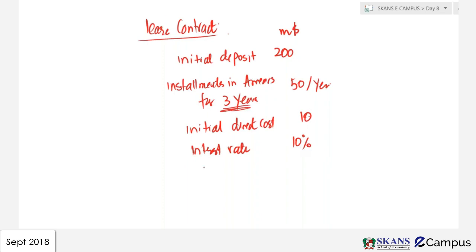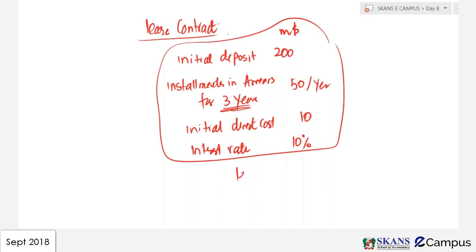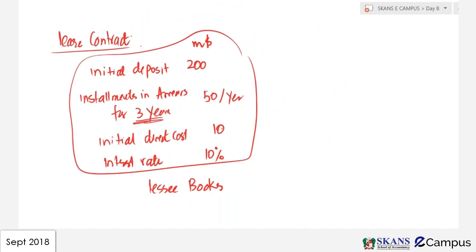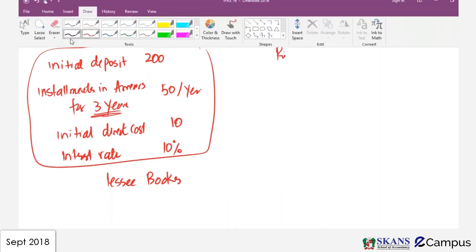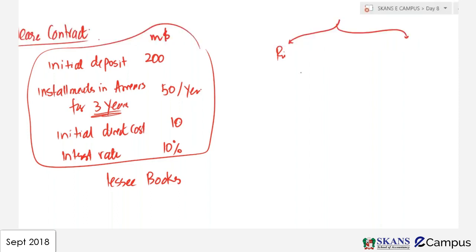So now we need to calculate how to do the lease contract accounting in the lessee's books. So, guys, we are going to recognize the asset and liability. So we know we have to book one right of use asset and one lease liability.